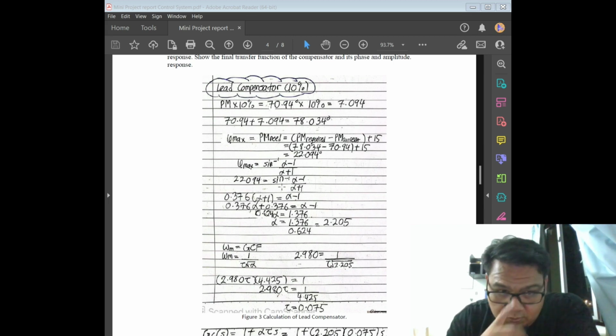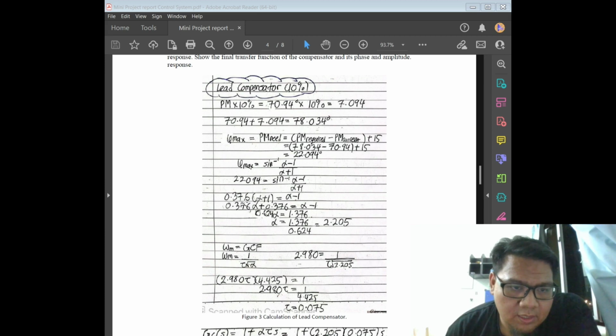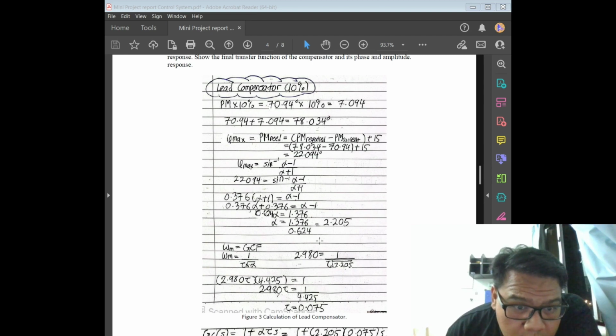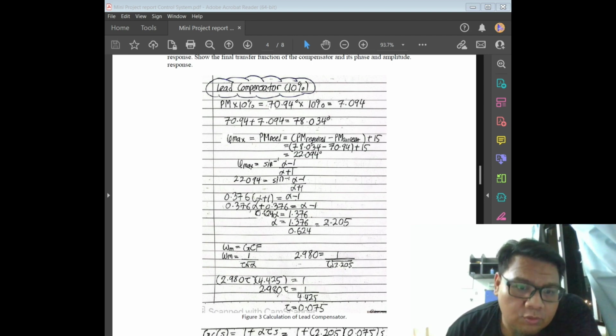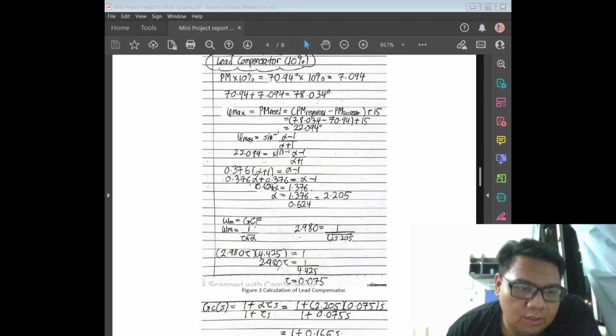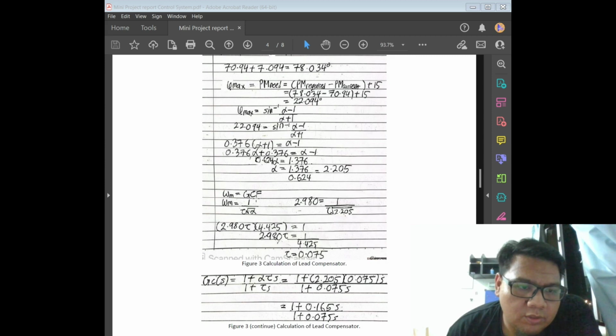Then we solve the equation like before, and we get alpha equal to 2.205.